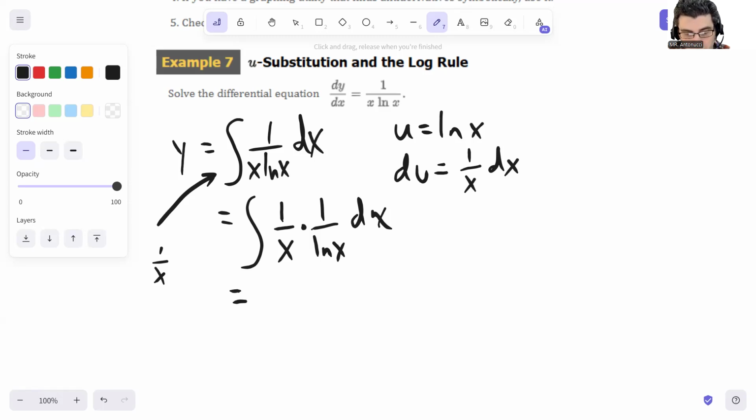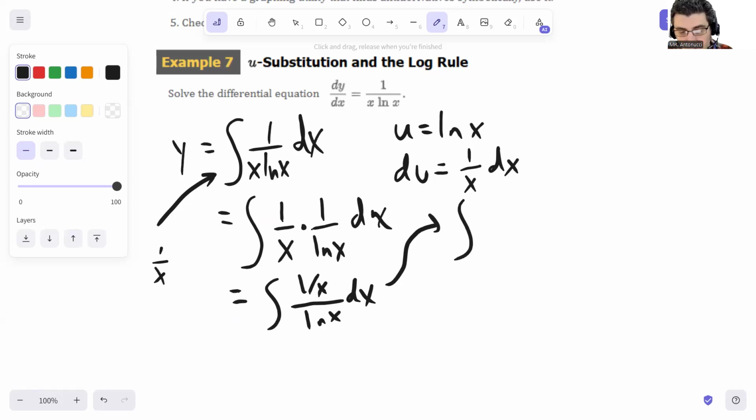Or you can think of this as 1 over x divided by natural log x dx. In either case, you would end up with du over u. Or, if you had it written the other way, it would be 1 over u times du.